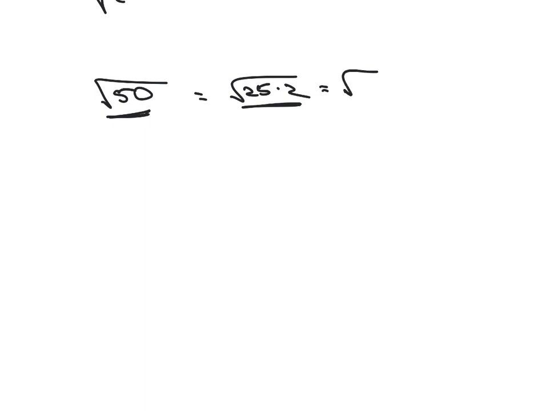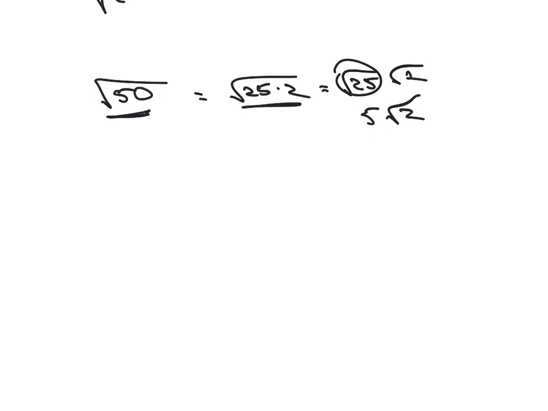So that is equal to the square root of 25 and the square root of 2. Square root of 25 is 5. Cannot take the square root of 2, so you leave it in the radical sign, and you're done. Okay? So that's pretty much what that looks like when you have just a number in that radical sign.